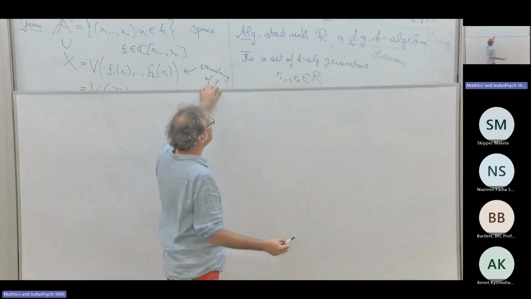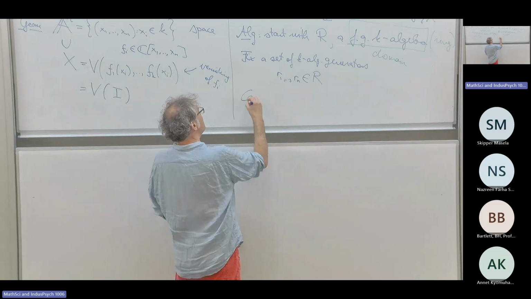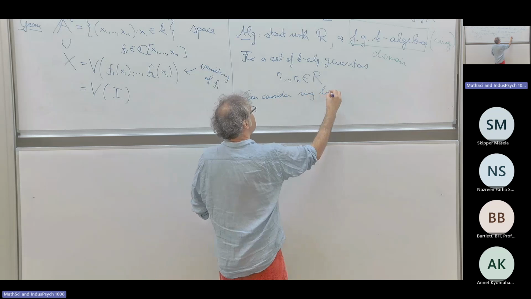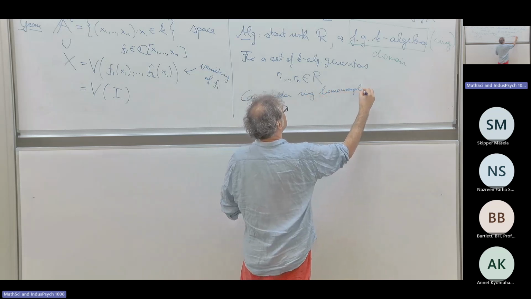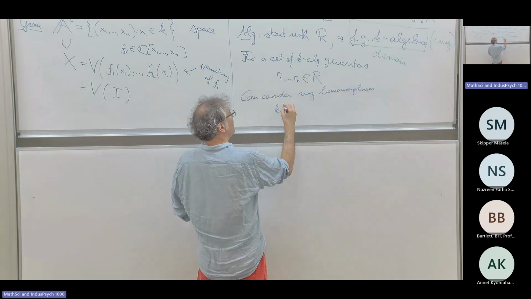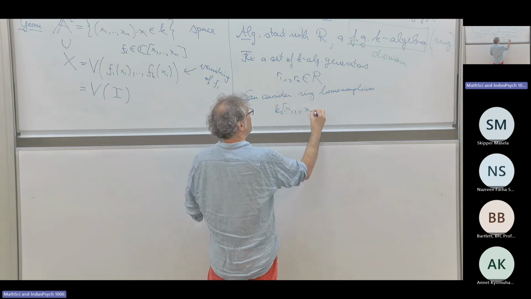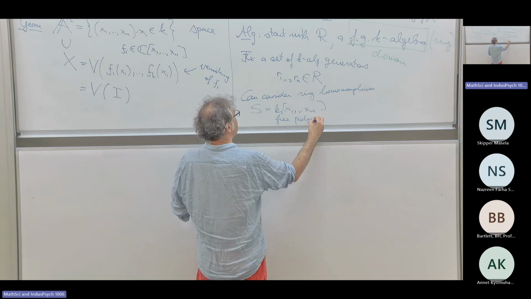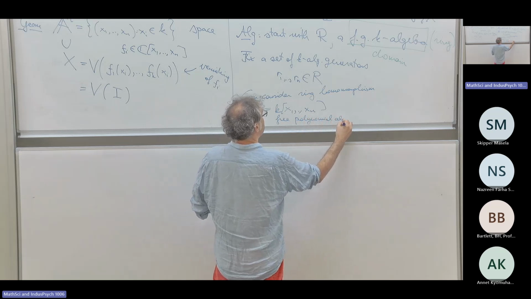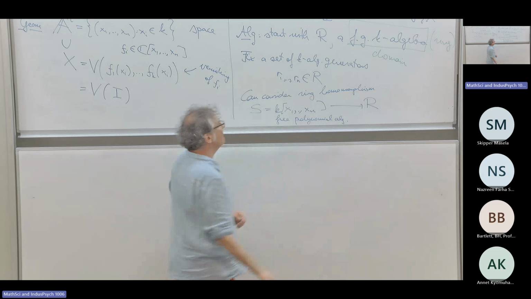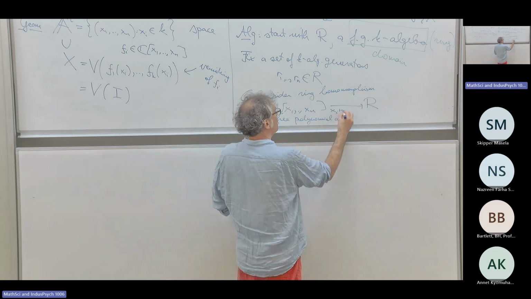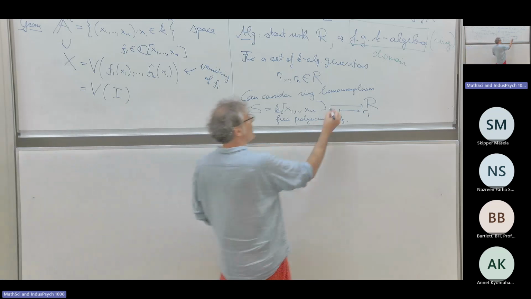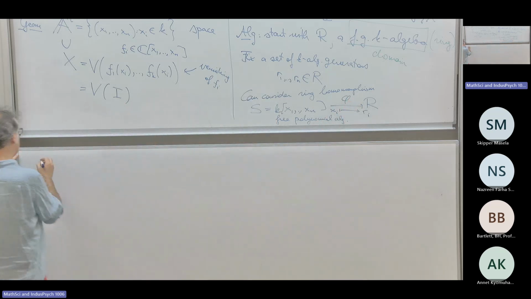And then I can consider a ring homomorphism from a free polynomial algebra S, in x1 up to xn, to R, where I'm mapping the generators x_i to r_i. So by definition, because these r_i's are a set of algebra generators, phi is surjective.